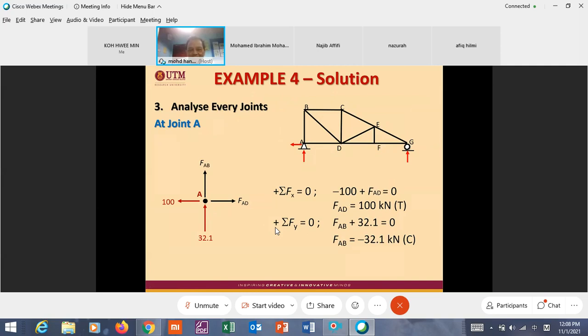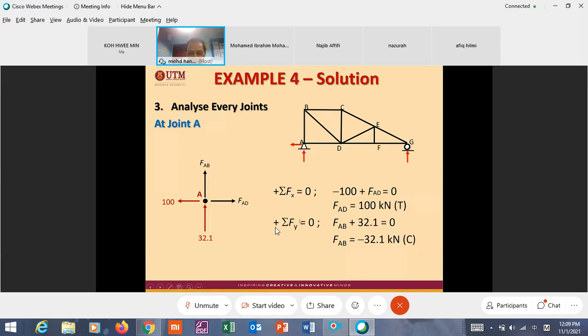Don't start from joint D. Don't start from joint C. Because if you start from joint C, there is no external load, and there are 3 members. You must start with the joint with 2 members. Remember? You must start with a joint with 2 members only, because in the joint method we have only 2 equations.